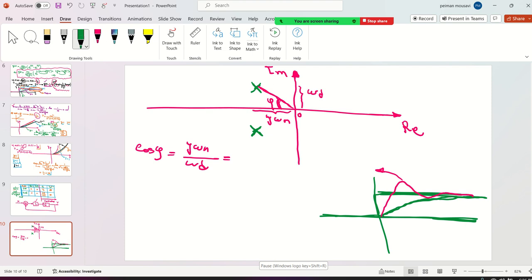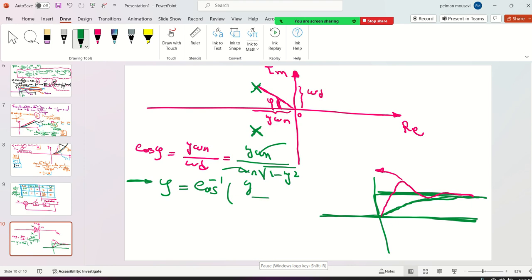But I defined to you that omega d is omega n times square root of 1 minus zeta squared. Bingo. So this angle, sometimes you need to calculate that. It's cosine inverse of zeta. This is only a function of damping ratio.